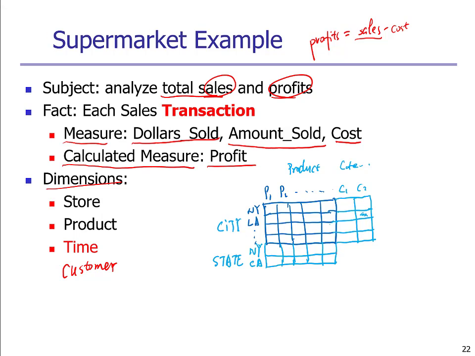And how about this part? How about the red part? Right? So the red part, for example, this cell actually means the total sales of products belonging to category C1 that is sold in the state New York. Right?